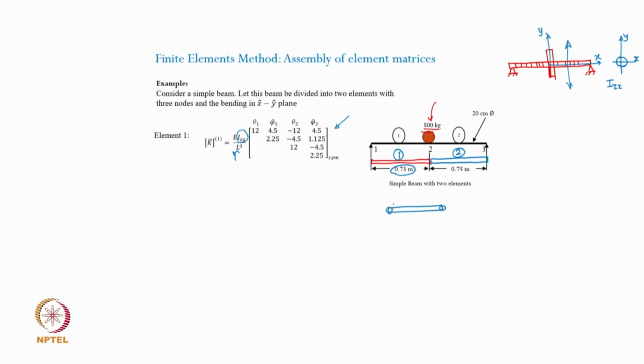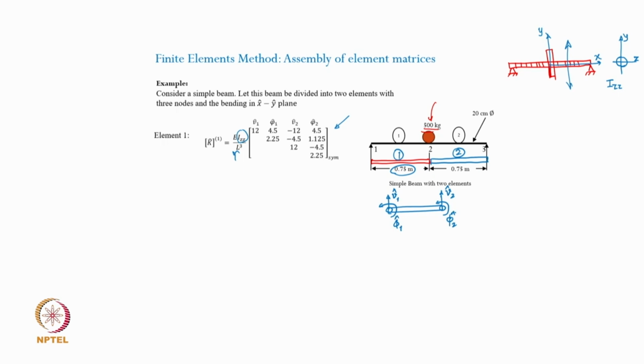In this particular case, we are taking this finite element as a 2 noded element, and in the nodal coordinates the degrees of freedom are V 1 cap and phi 1 cap here, and similarly the degrees of freedom at the other node are going to be V 2 cap and phi 2 cap. The cap represents that the parameters pertain to the nodal local coordinate system nodal degrees of freedom.